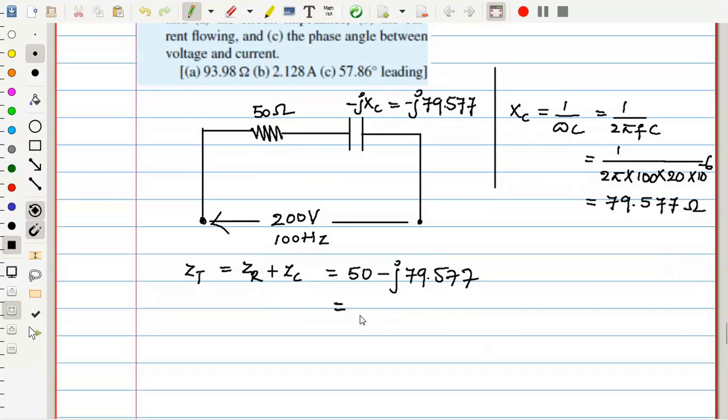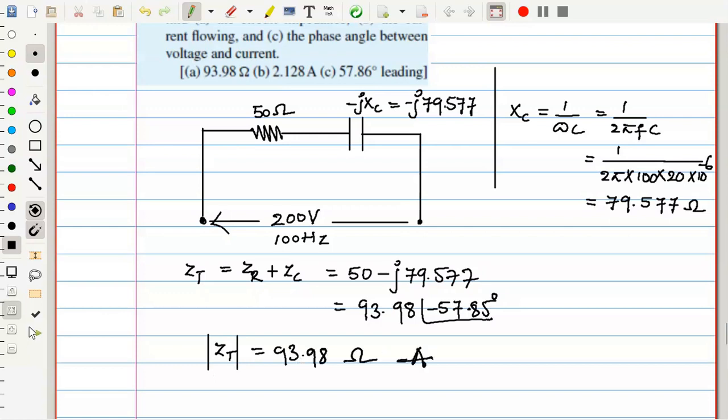So put this in polar form on your calculator: 50 minus j 79.577 is 93.98 at an angle of 57.85 degrees. Impedance means we need the magnitude, which is 93.98 ohms. This is the answer.